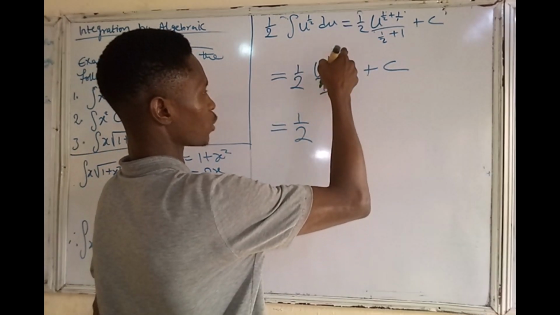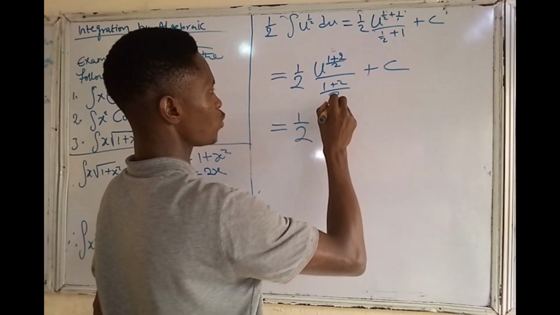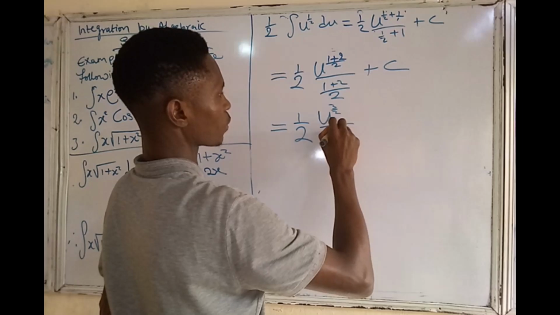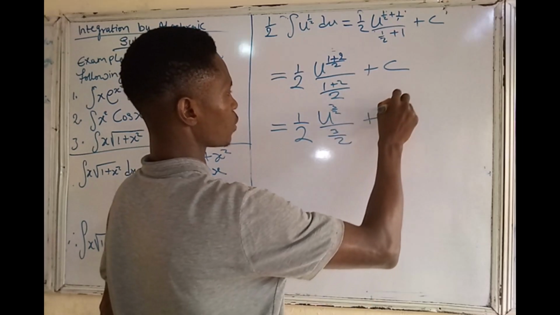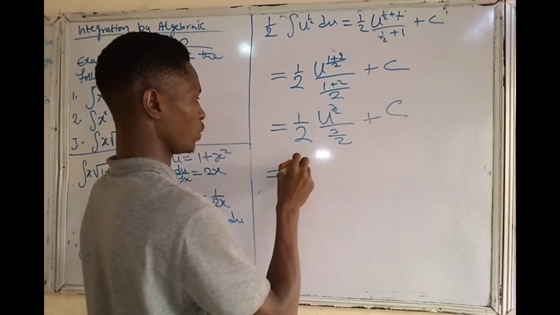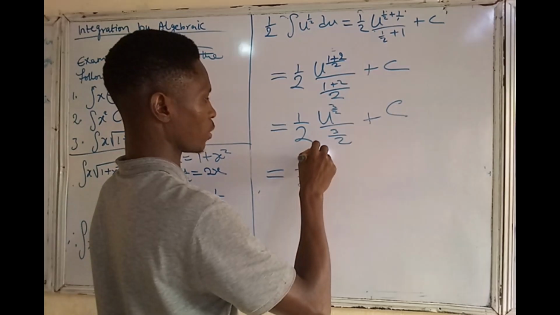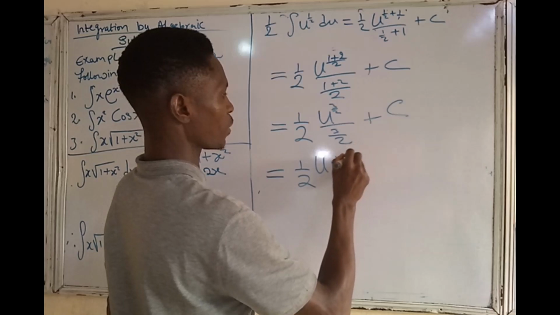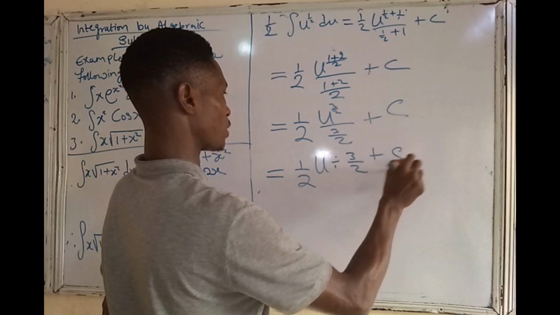So this is going to give us half, and 1 plus 2 is 3. So we have u raised to the power of 3 over 2, all over 3 over 2, plus c. So this is equal to half u to the 3 over 2, divided by 3 over 2, plus c.